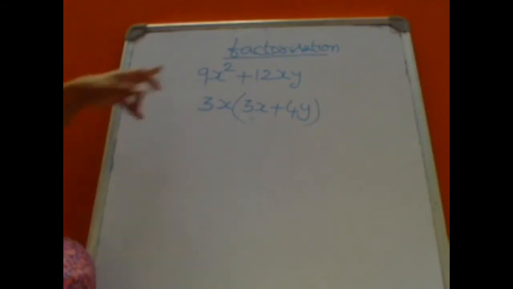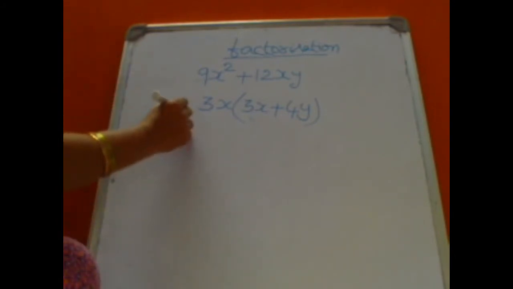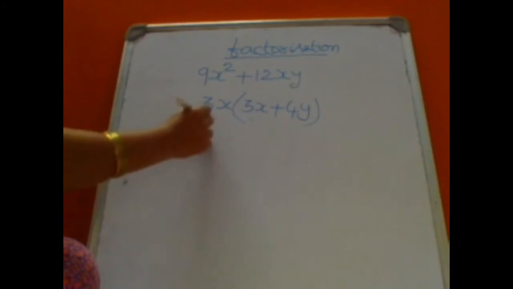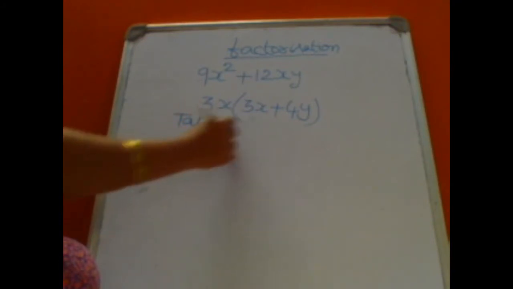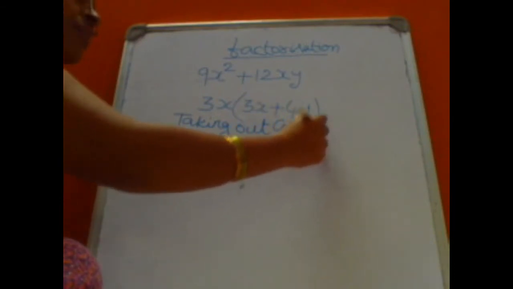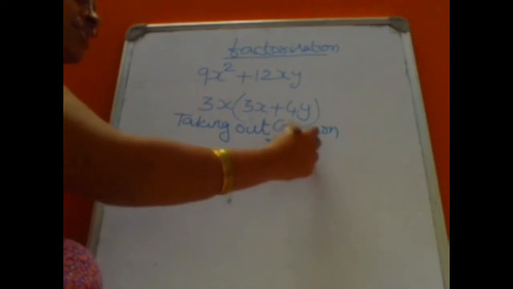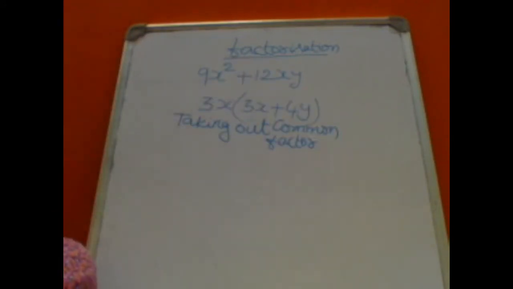So the factors of 9x square plus 12xy are 3x and 3x plus 4y. Factorizing in this method, we call it factorization by taking out common factor. Remember, whenever we take a common factor, it should always be the highest common factor.